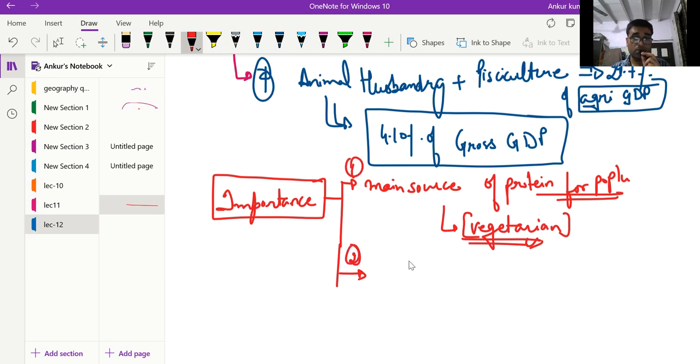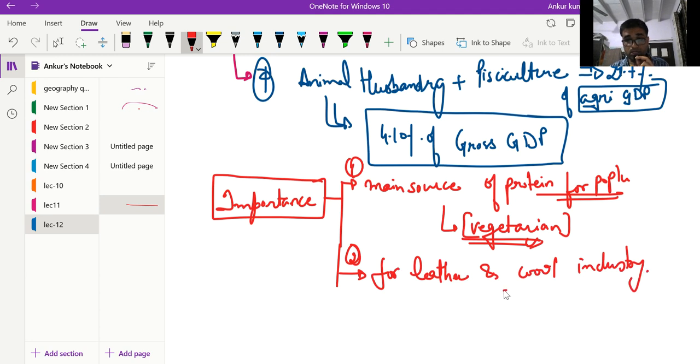The second one is for the leather and wool industry. This is also a very important industry in India, so livestock resources are important for this industry.